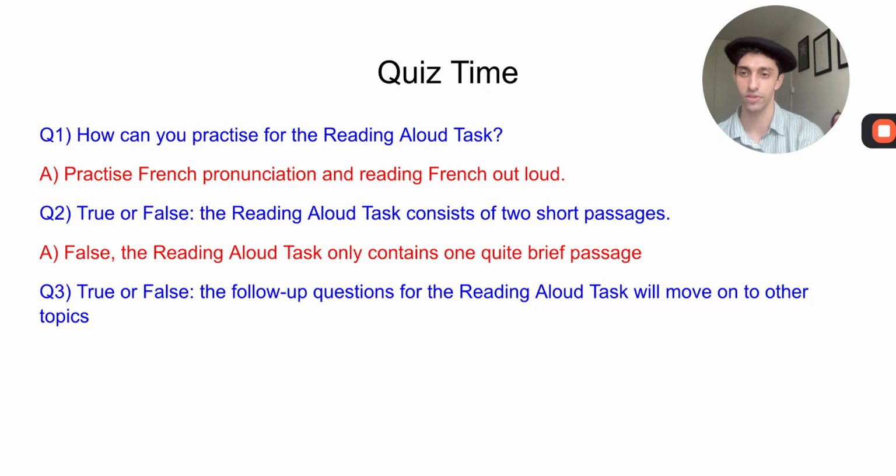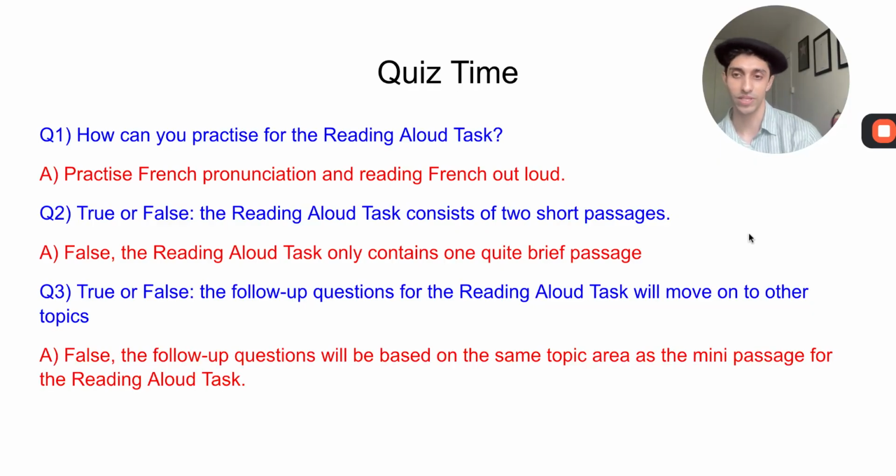Okay, question three, so true or false again. The follow-up questions for the reading aloud task will move on to different topics. Okay, let me reveal the answer now. This one is also false. So the follow-up questions are going to be based on the same topic area as the mini passage itself for the reading aloud task.